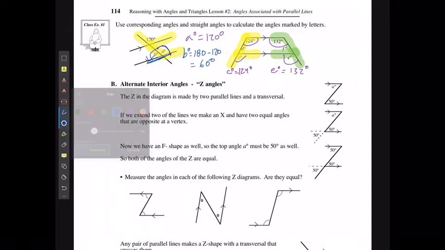I can see that C and D make up a straight line, which means that D is going to equal 180 minus that 124, or D is going to wind up equaling 56 degrees.